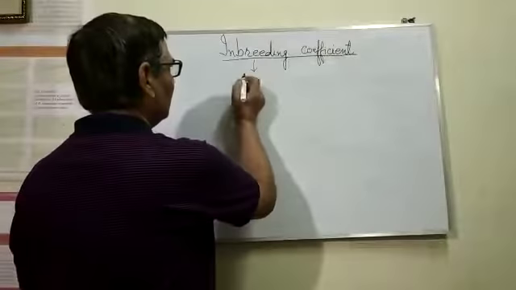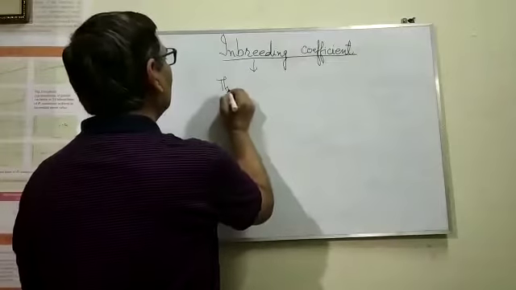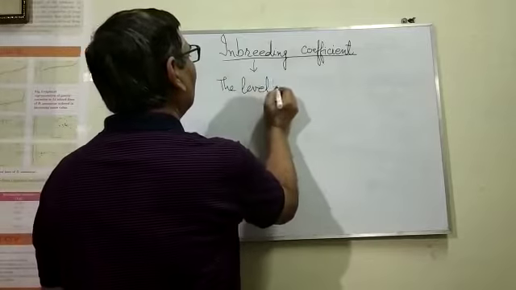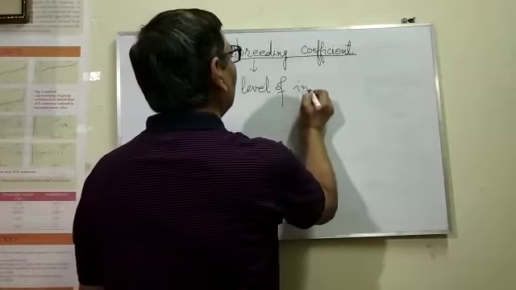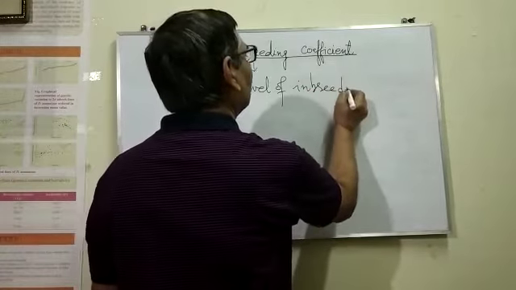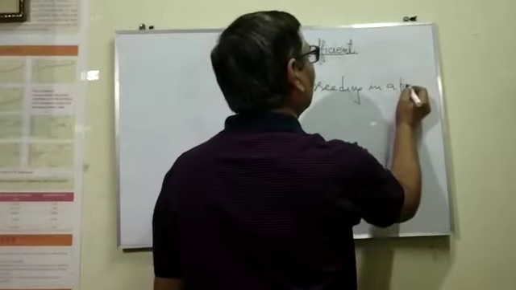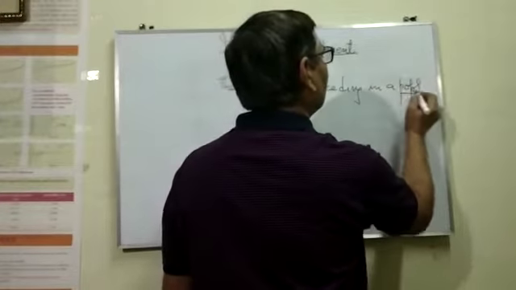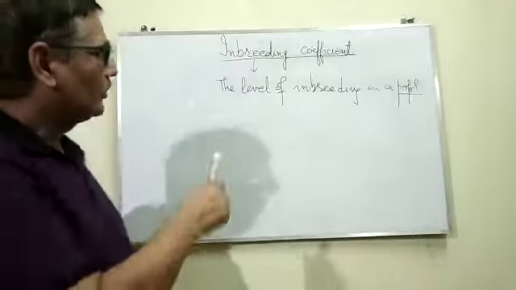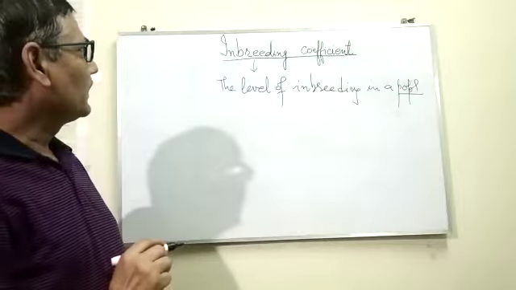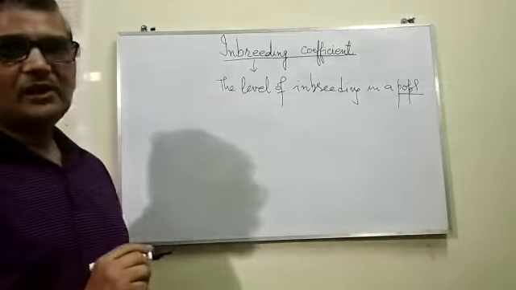So it actually indicates the level of inbreeding in a population. The extent of inbreeding in a population could be known by calculating this inbreeding coefficient.